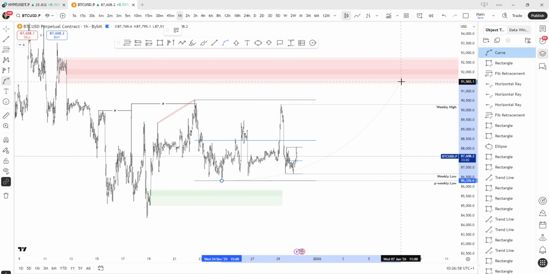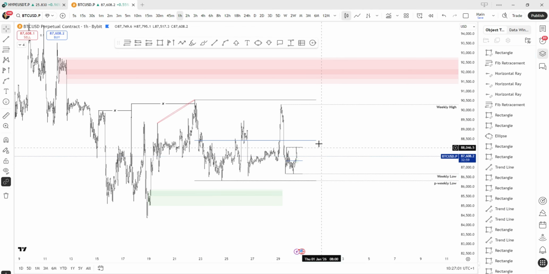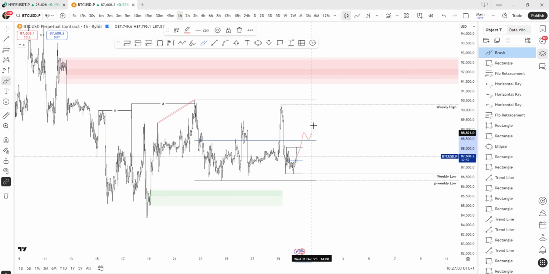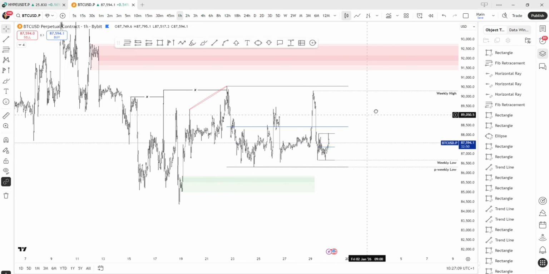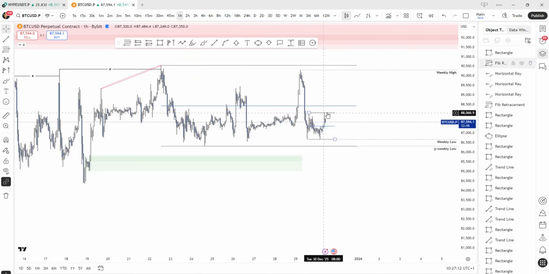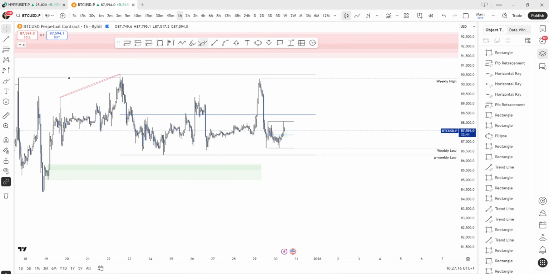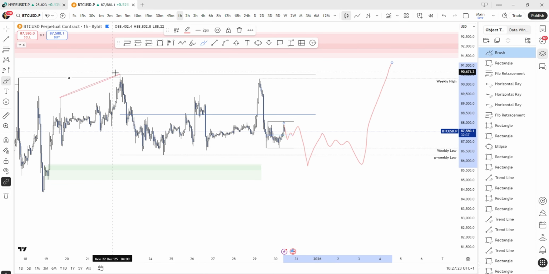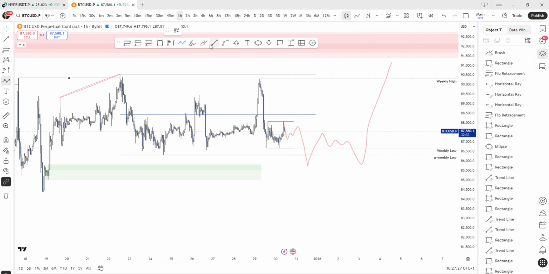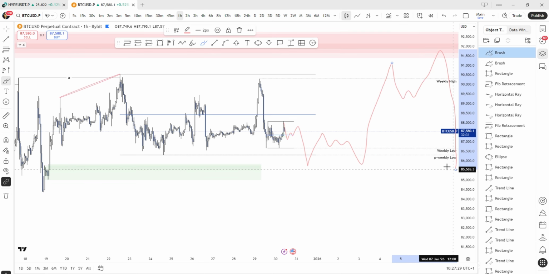If we could get something like this, a move up like this, coming down, and then targeting the next round to 74k. But basically, this could distribute to go down to maybe do something like this, go down, accumulate, make a new range, and from here maybe it wants to distribute. Yeah.